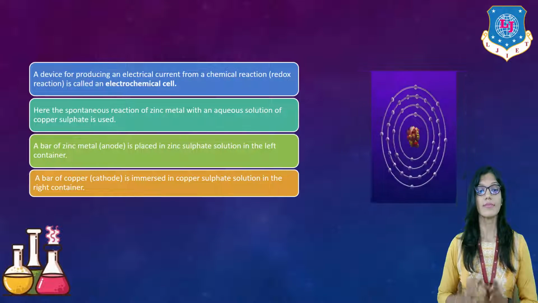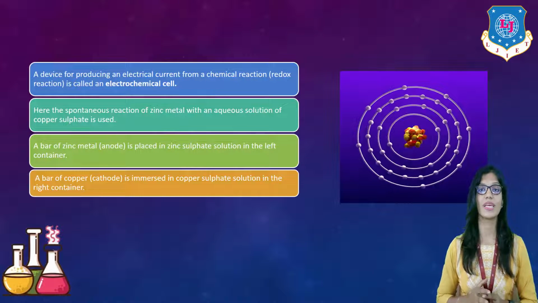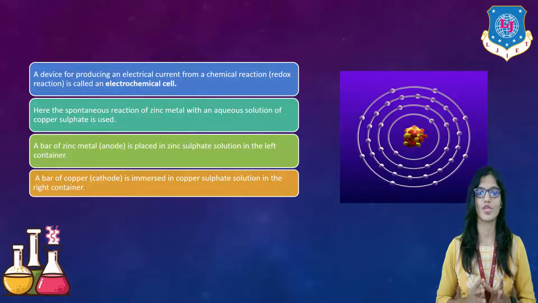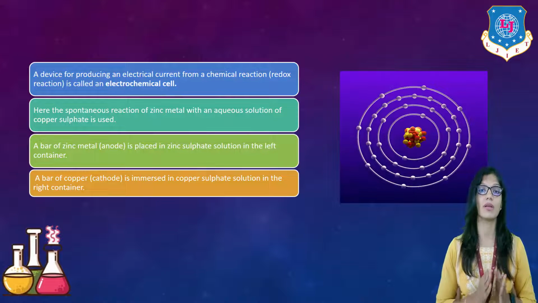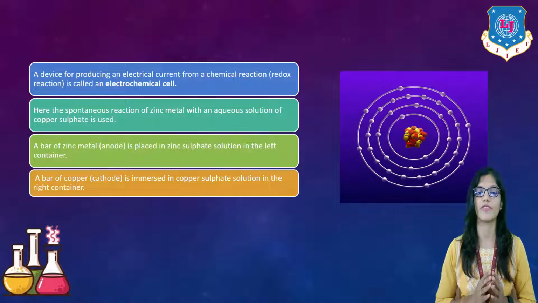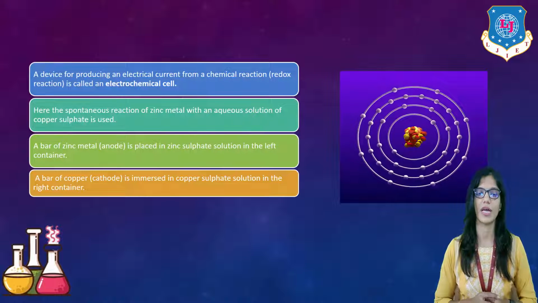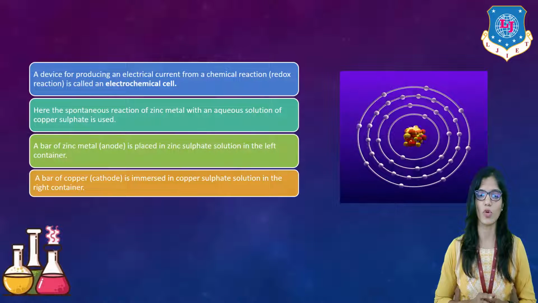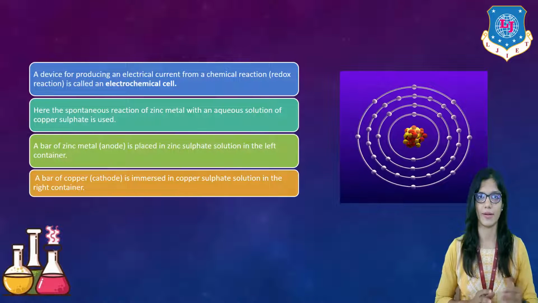Now, a device for producing an electrical current from a chemical reaction, which is a redox reaction, is called an electrochemical cell. Here the spontaneous reaction of zinc metal with an aqueous solution of copper sulfate is used. A bar of zinc metal, which is known as the anode, is placed in zinc sulfate solution in the left container.